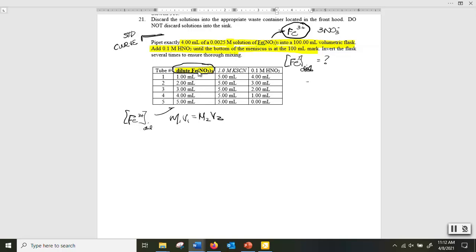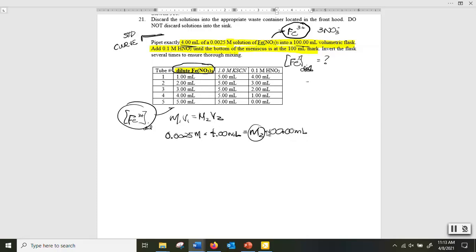Well, we know M1. M1 is right here: 0.0025 molar times volume 1, 4 milliliters. I'm going to leave it in milliliters because this is milliliters too. So 4 milliliters. And that is going to equal M2, which I don't know. This is what we're solving for, times V2, which is 100 milliliters.